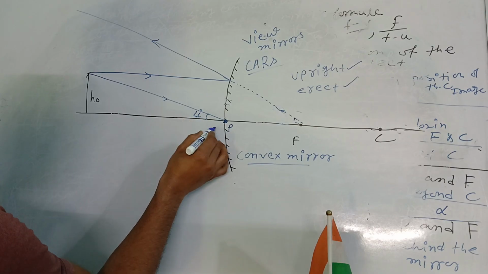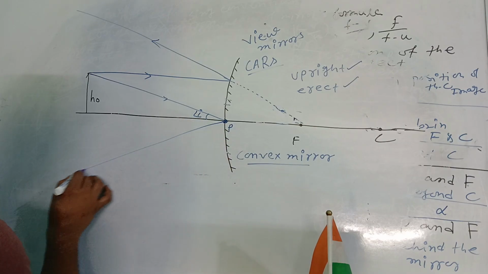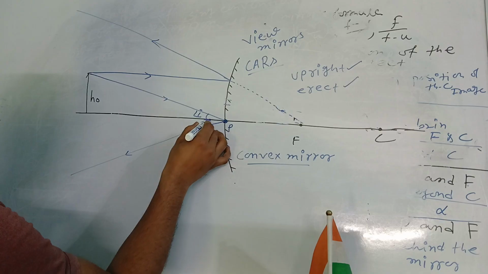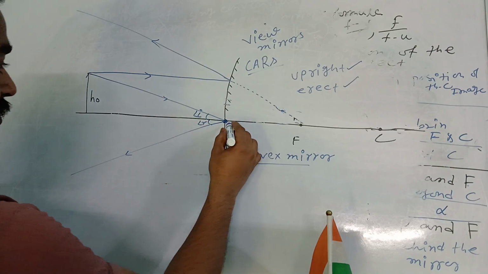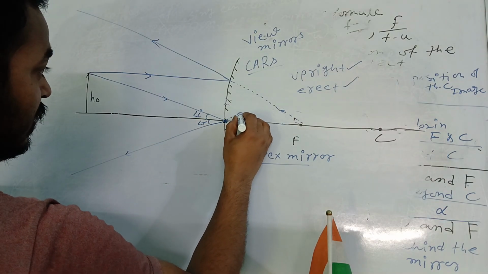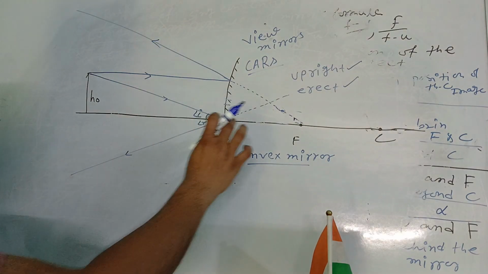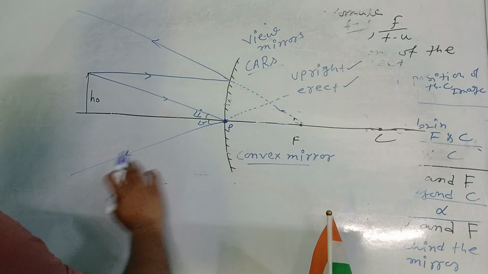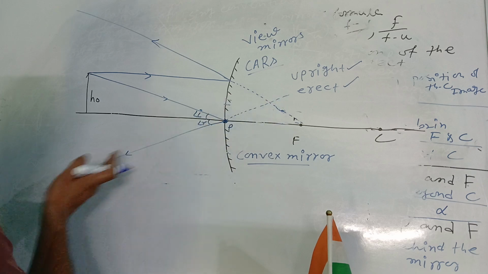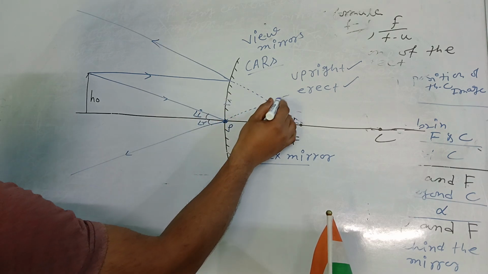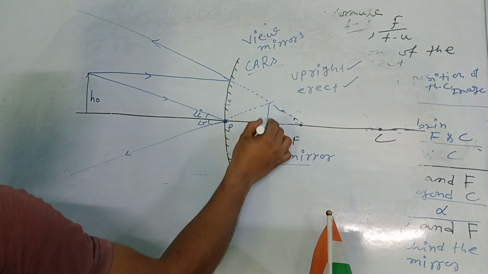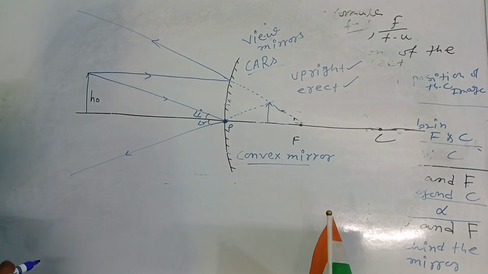This is angle i, this is the reflected ray, and this is angle r. So I have to draw the extended reflected ray. It appears to come from behind the mirror. So we can see this is the image.